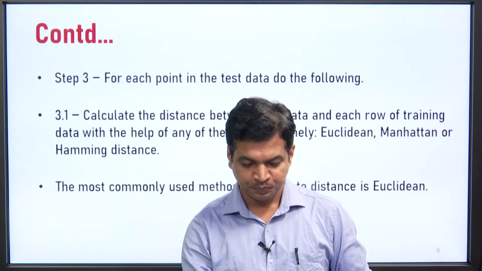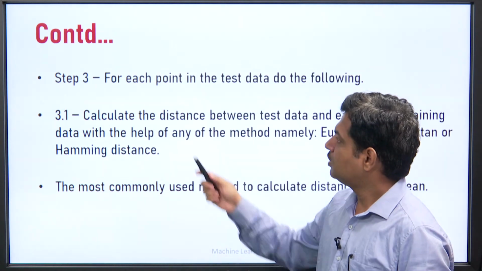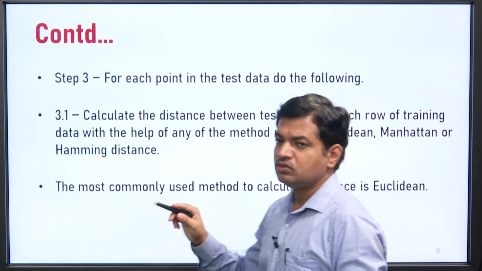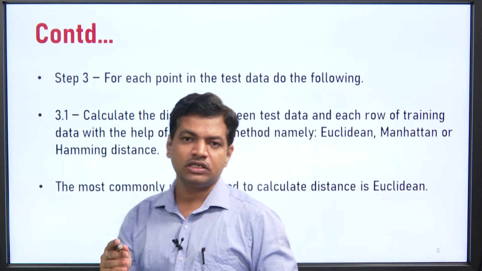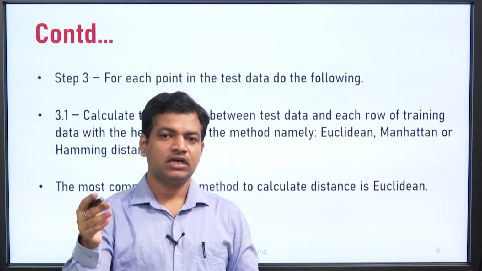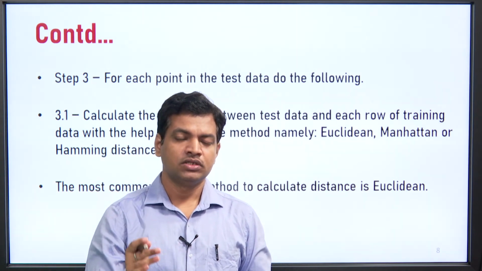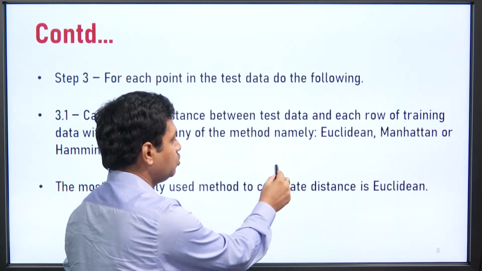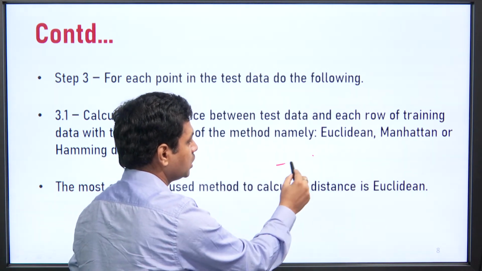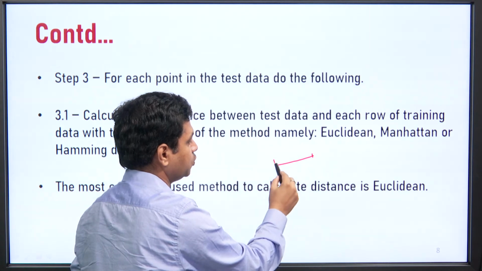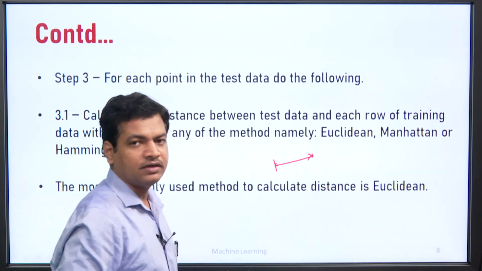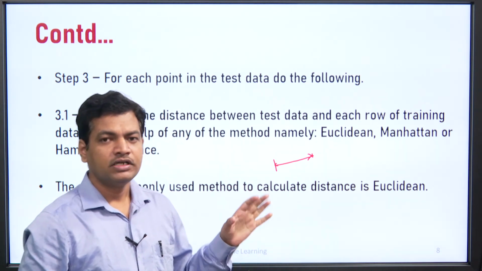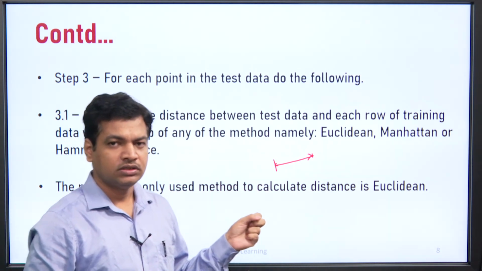So, in step 3, for each point in the data set, we need to calculate the distance between the reference and the several other entities present around. So, there are 2 points and we need to calculate the distance between them. For that there are several formulas. One is the Euclidean distance calculation.